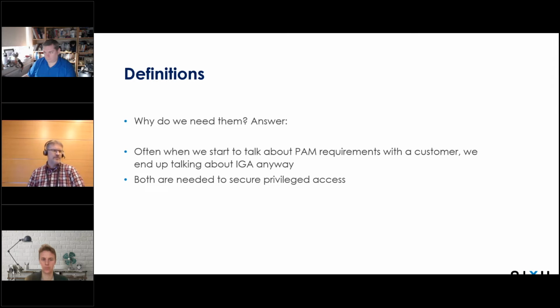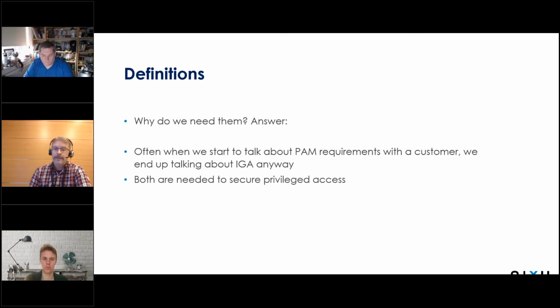So definitions. This may seem at first as quite an obvious thing to talk about, but we thought that it's important to just on a high level describe, well, what exactly does IGA mean and what does PAM mean?